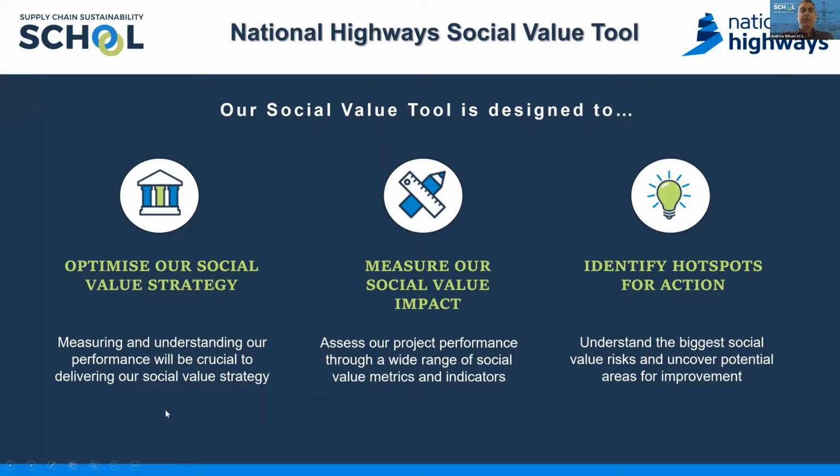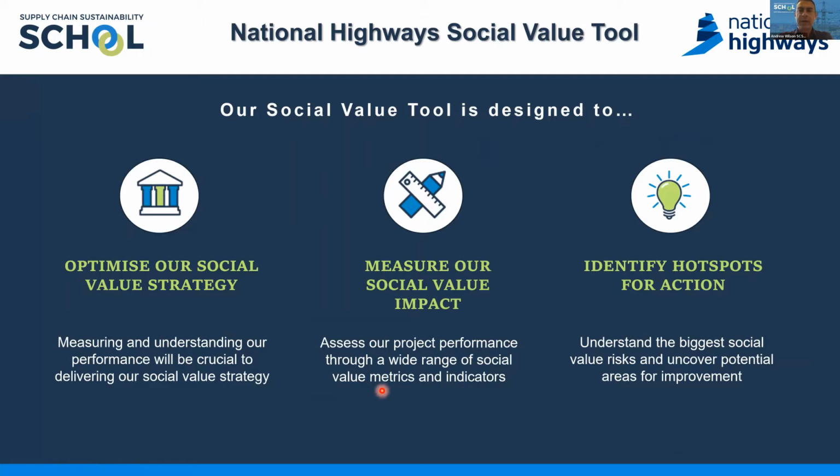The social value tool is designed to measure and understand performance at scheme level and deliver on the social value strategy that National Highways will publish later in the summer. We are measuring through a wide range of social value metrics and indicators.